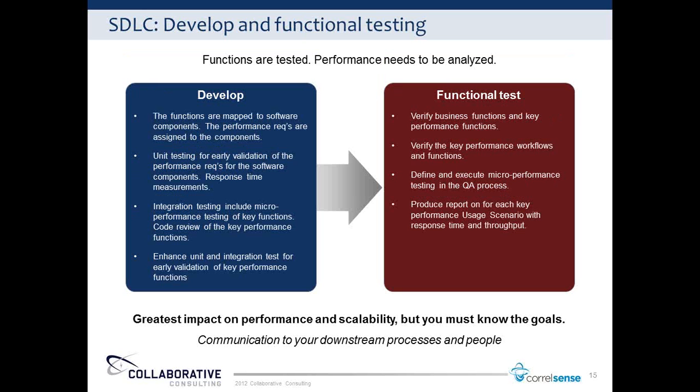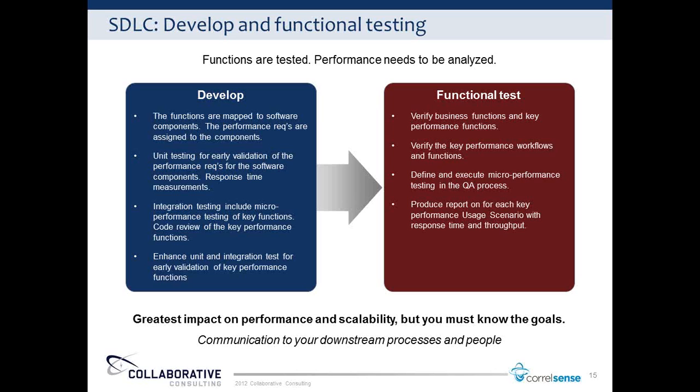The technology, and we move into development. And the development team, that's where the greatest impact on performance can happen. This is where those key functions that were defined actually get created, right? Does the development team know which key functions they need to be aware of for performance?